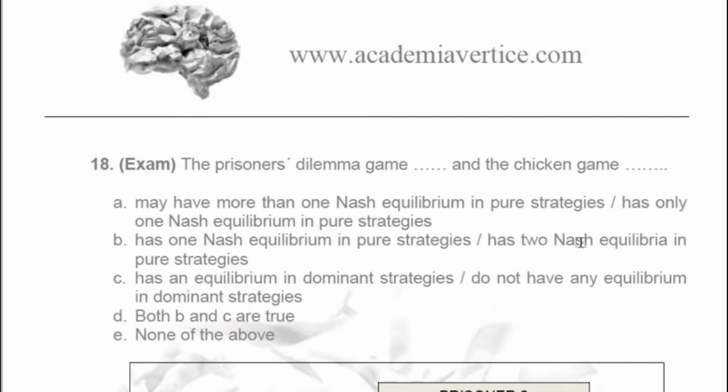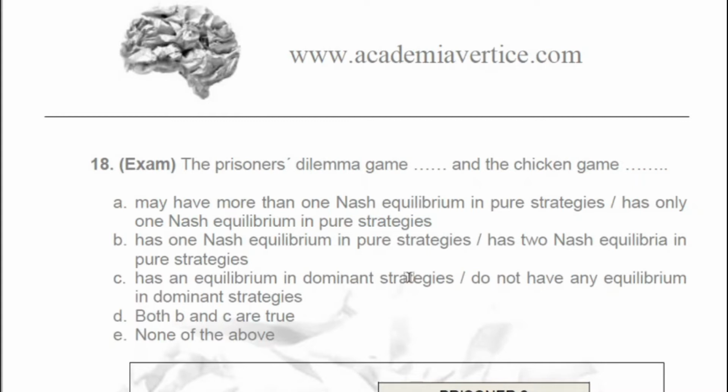The chicken game has two Nash equilibria in pure strategies. Yes. So be careful because D says B and C. The prisoner's dilemma game has an equilibrium in dominant strategies. Yes. Because for both prisoners, choosing confess is the dominant strategy.